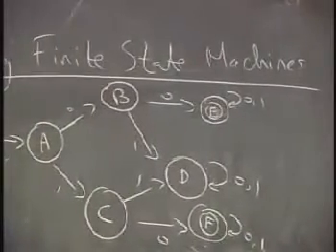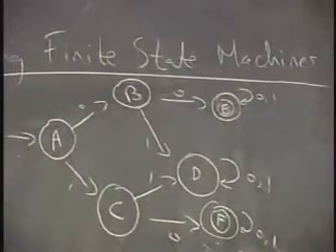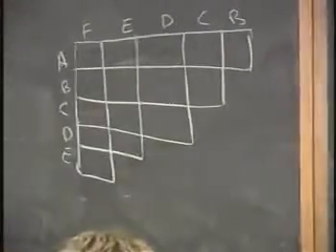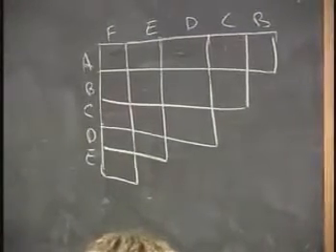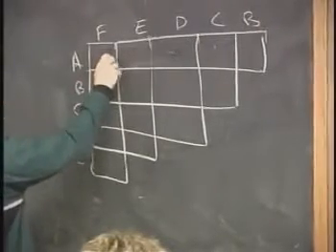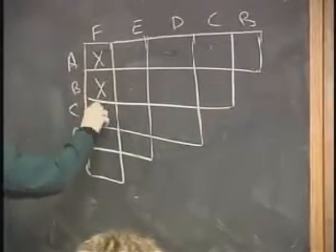And if I put them in this picture, where do they end up? I'll put X's in this picture on these pairs. Where are they? Describe it for me. Down the F column.